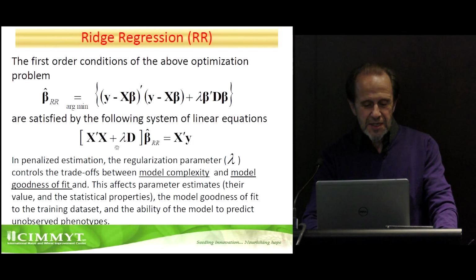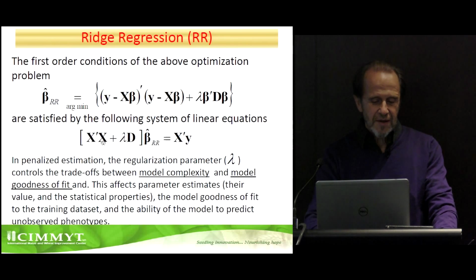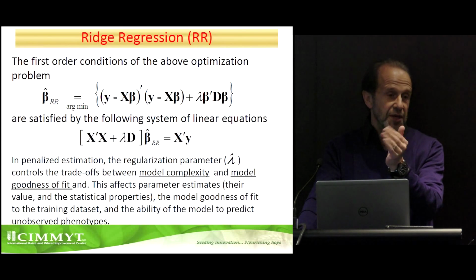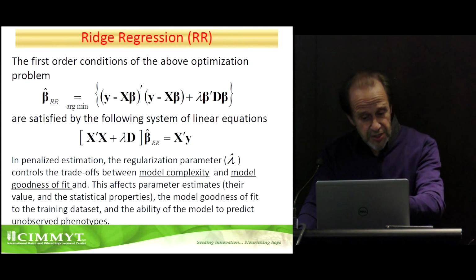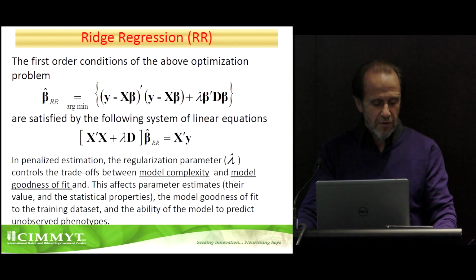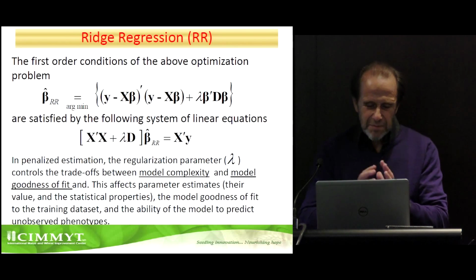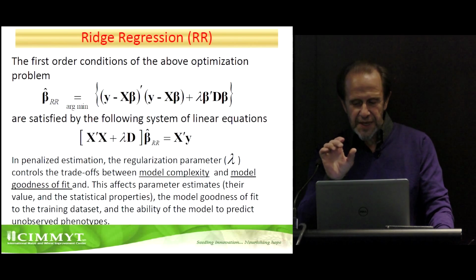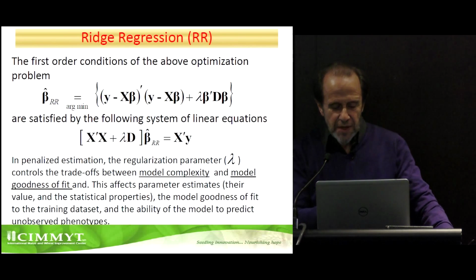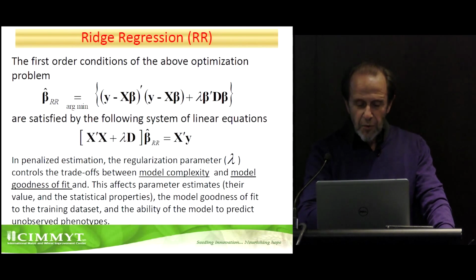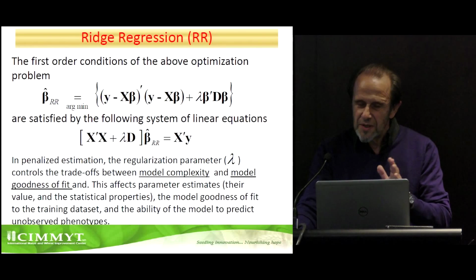By adding this to the diagonal, we try to diminish the importance of the off-diagonal, which gives you the relationship and makes the X prime X matrix singular. We decrease that importance. We add a small quantity to the diagonal, and then we can find the inverse by doing this sort of trick.